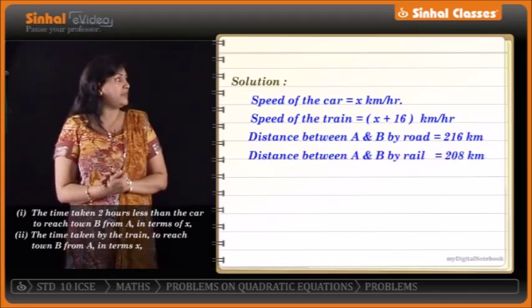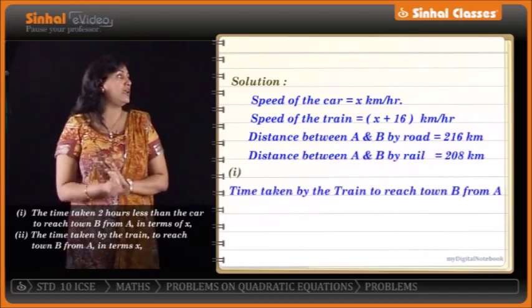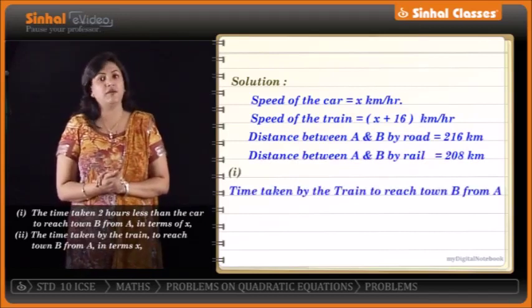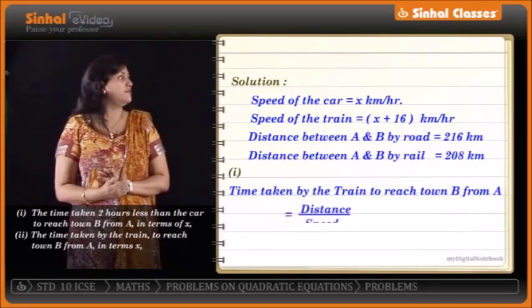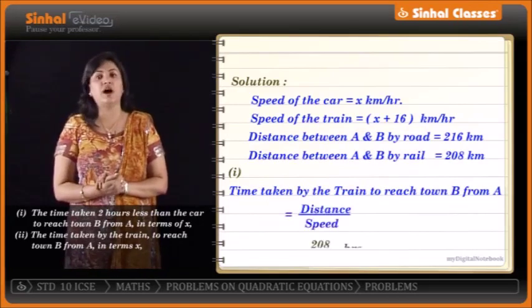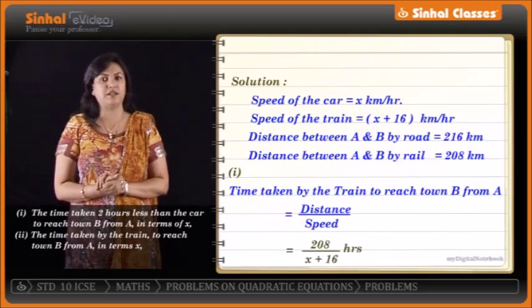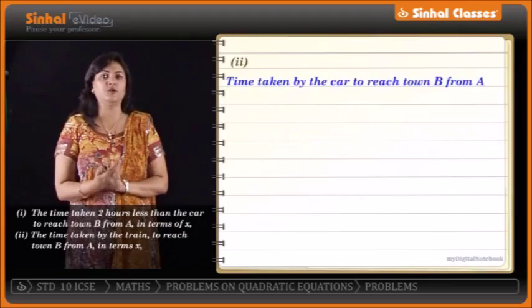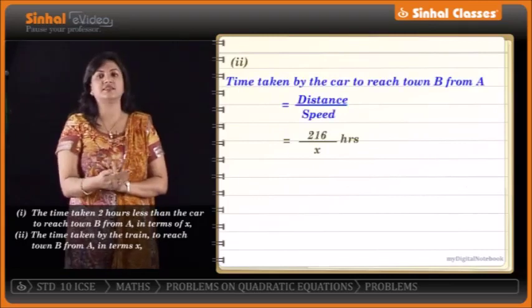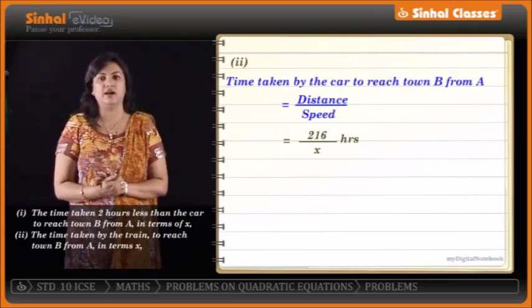Now, the time taken by the train to reach town B from A would be distance upon speed, which is equal to 208 upon x plus 16 hours. And the time taken by the car would be 216 upon x hours.